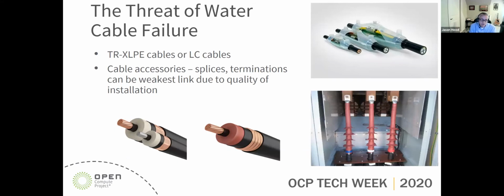The effects of water treeing could be abated by using tree-retardant cross-linked polyethylene cables or continuous armored cables. Those tend to provide better long-term protection against degradation of the insulation and ultimately downtime in the power system. But even if there's no degradation in the cable, a lot of times it's the actual accessories, the splices and the terminations, that can be the weakest link, and they need to be considered as well.